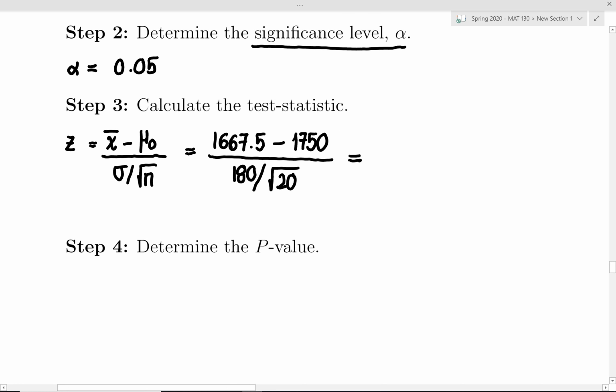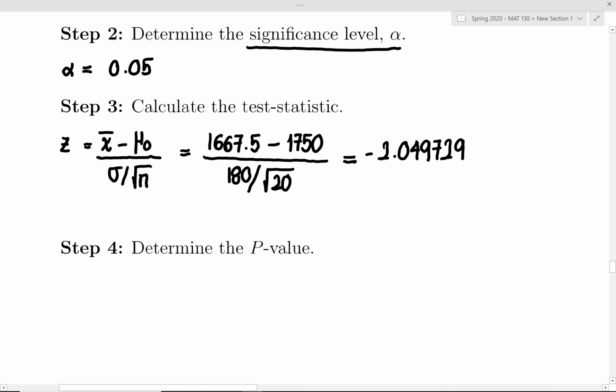If I plug this into my calculator, and you can go ahead and check this, please make sure you check all of my work, and if you find any mistakes, please let me know, I get negative 0.49729. But our z tables are in 2 decimal places, so this is going to equal negative 2.05.